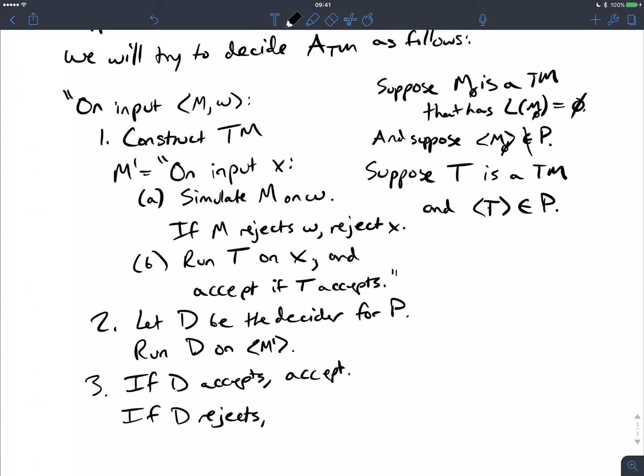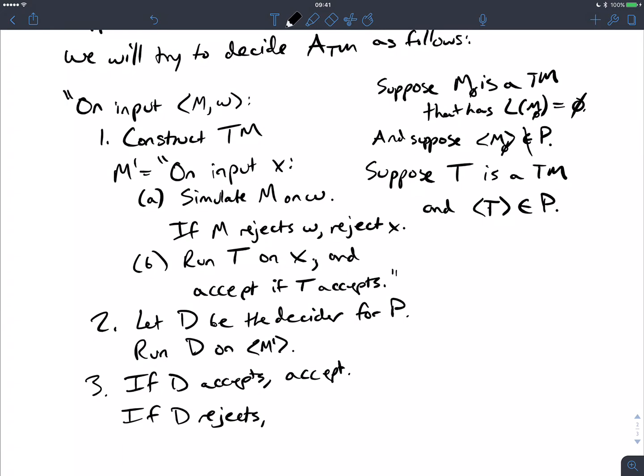And then now the other case. If D rejects, that must mean M prime does not have property P. Well, what machine must M prime have imitated? M empty, or in other words, had empty language.